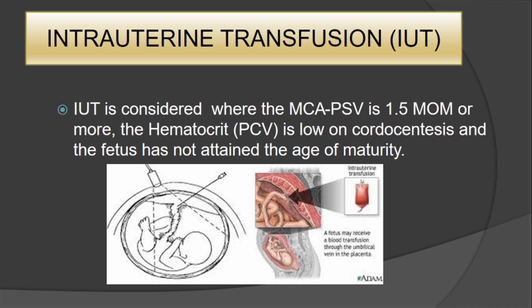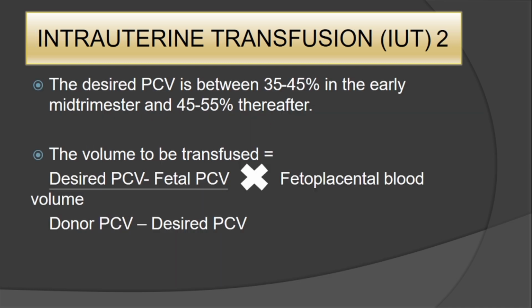And if the fetus has attained maturity, then the fetus will be delivered. But if the fetus is still far away from maturity, then there is an indication for that fetus to be transfused in the intrauterine environment. So intrauterine blood transfusion has the potential of saving the fetus.